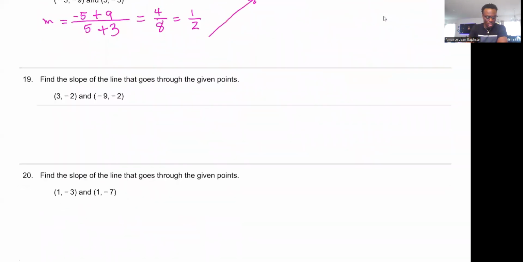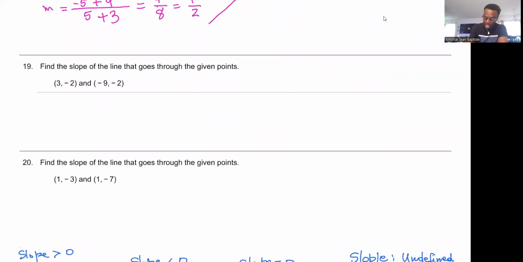The number 19, same. They want me to find the slope. So m equals, if I call this one x1, y1, x2, y2, I would have y2 negative 2 minus y1 positive 2, because it's negative by itself.